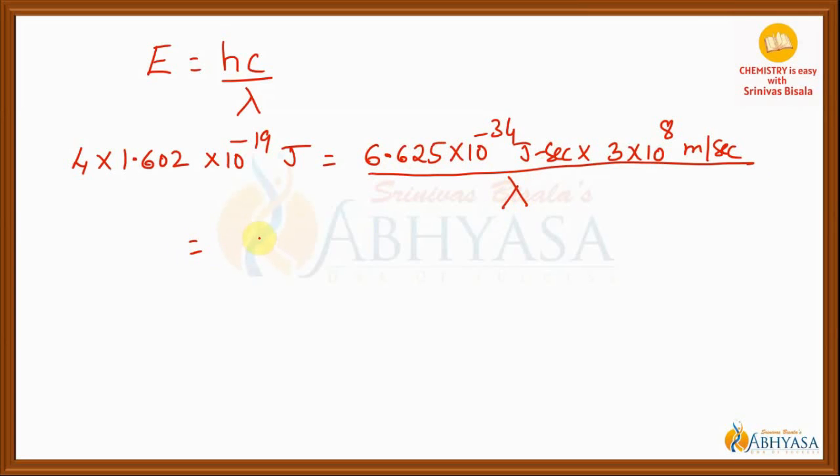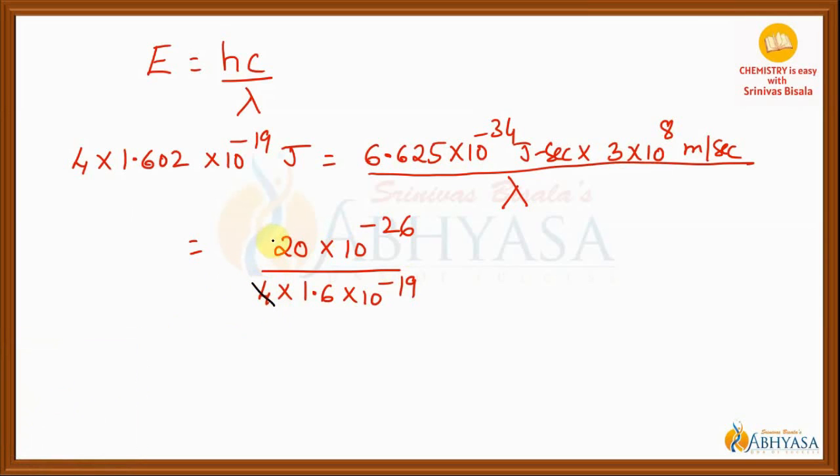And see the calculation part. We know that 6.625 into 3 becomes 19.875. For easy calculation, we are taking this one as equal to 20. And 10 power minus 34 plus 8, this is 10 power minus 26. And bring this 4 as well as 1.6 to the denominator, into 10 power minus 19.